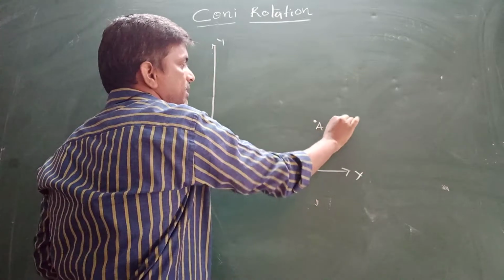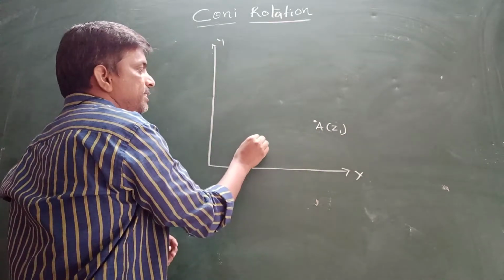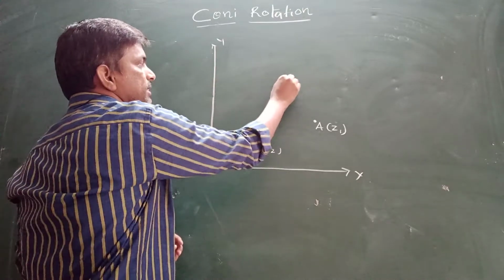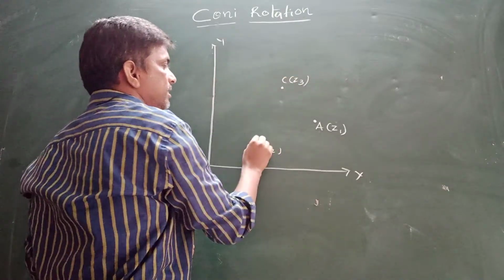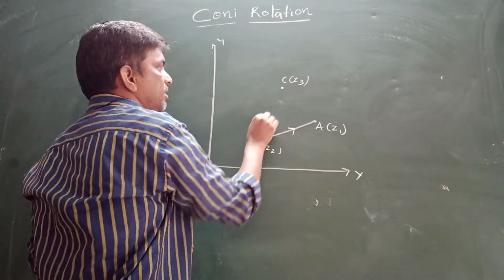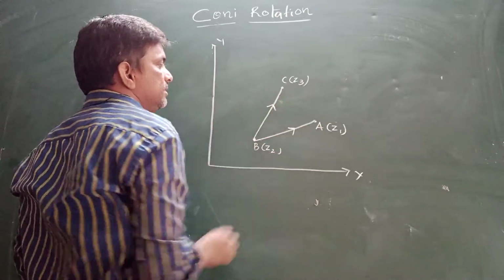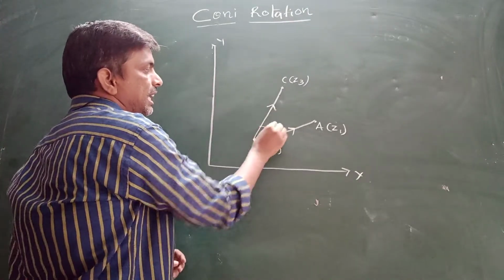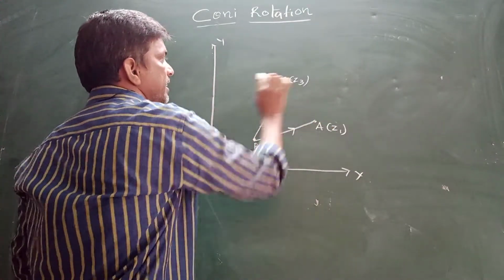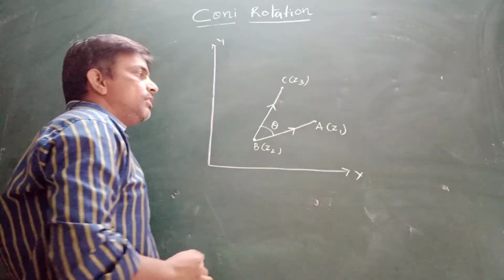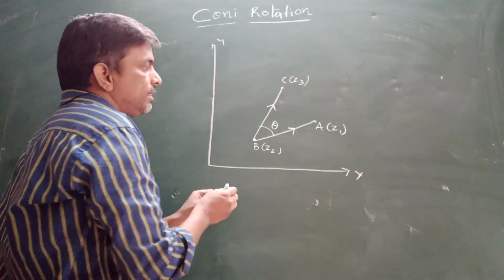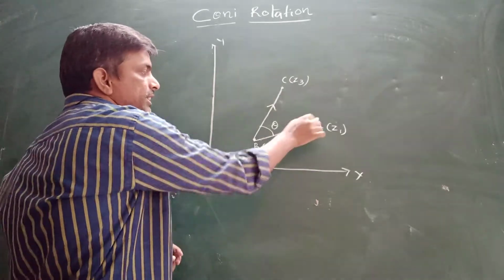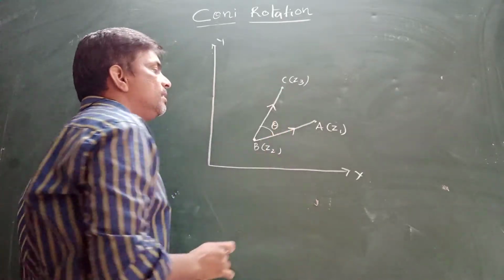A is the complex number Z1, B is the complex number Z2, and C is the complex number Z3. Let's suppose theta is the angle between the two vectors BA and BC.